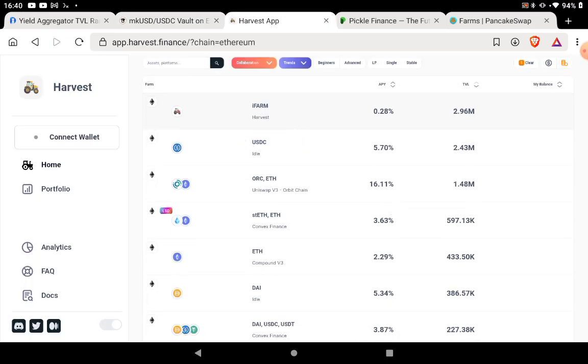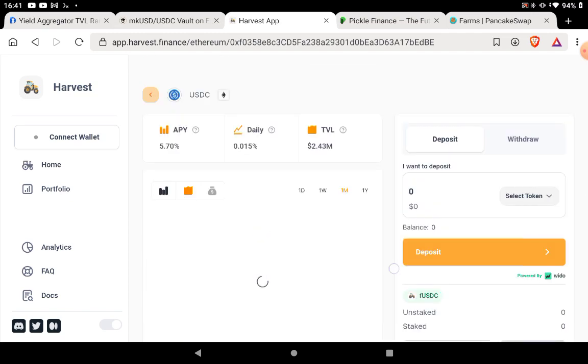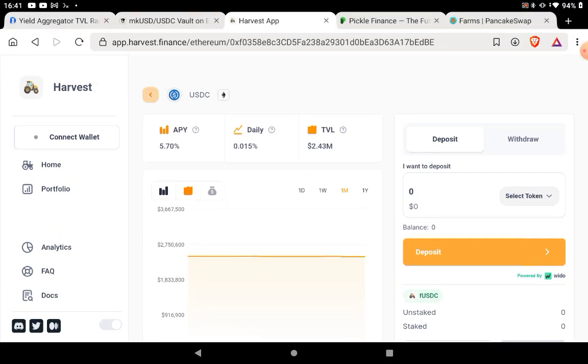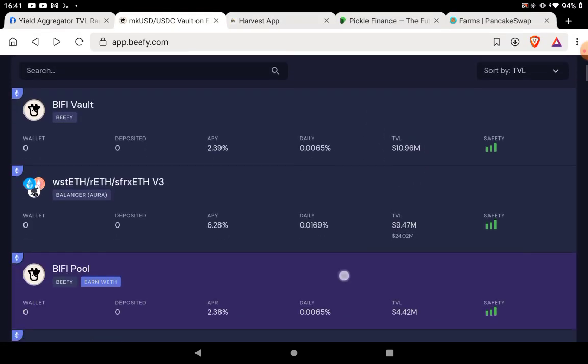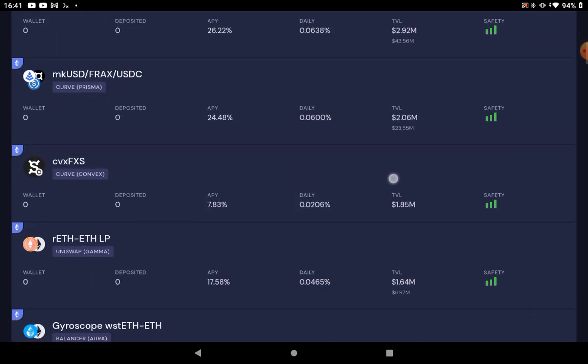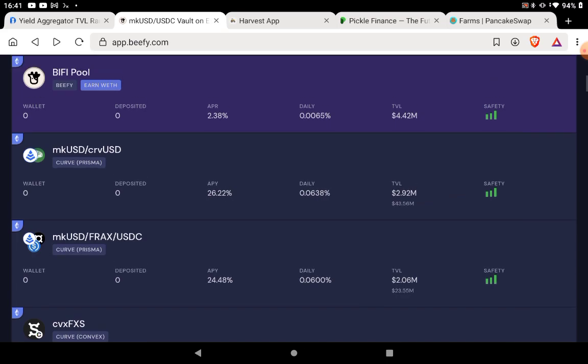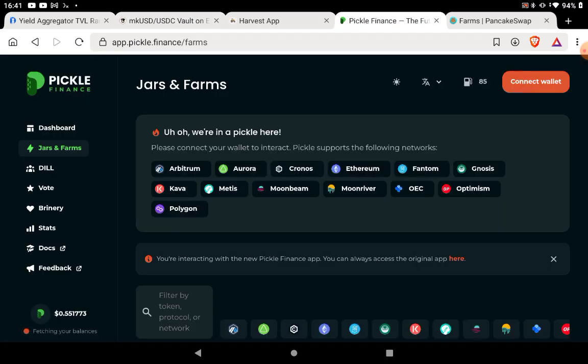And here the second one is a USDC pool, right? It's on Idle. It's paying 5.7% a year. TVL 2.5 million. And here on Beefy, we didn't find that one yet, but we find others. So you can see different protocols have different menus.